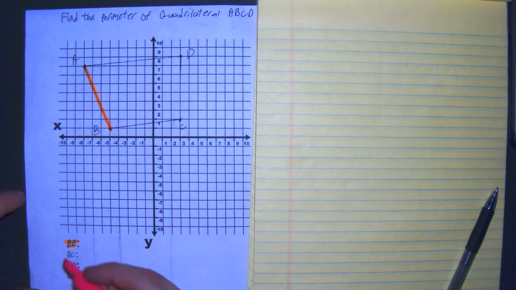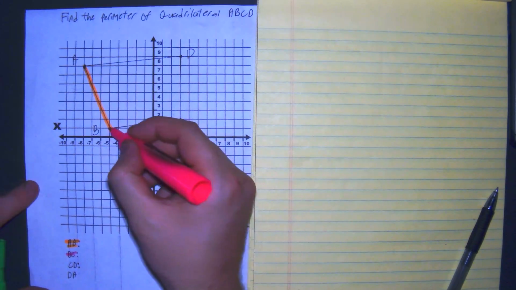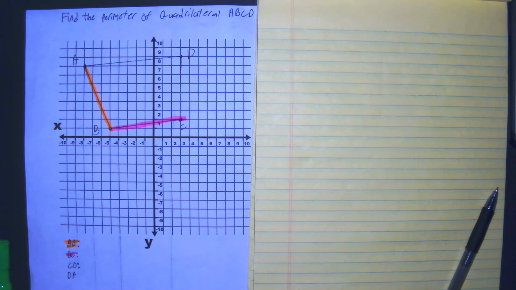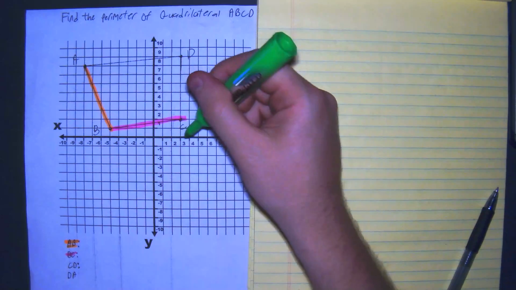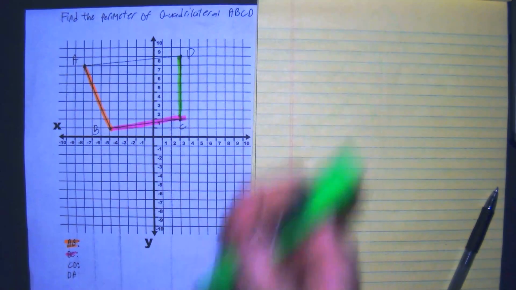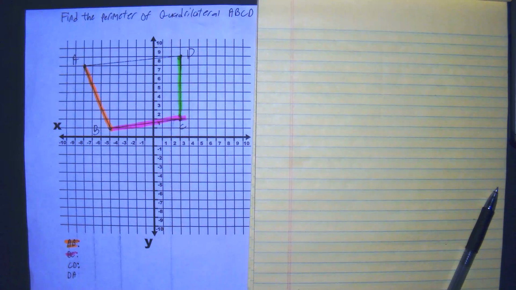Then BC is pink, purple. Then CD, green. And then finally, I'm going to highlight AD as, oops.